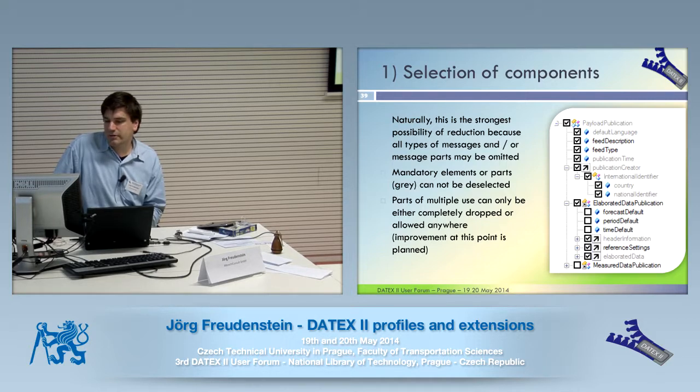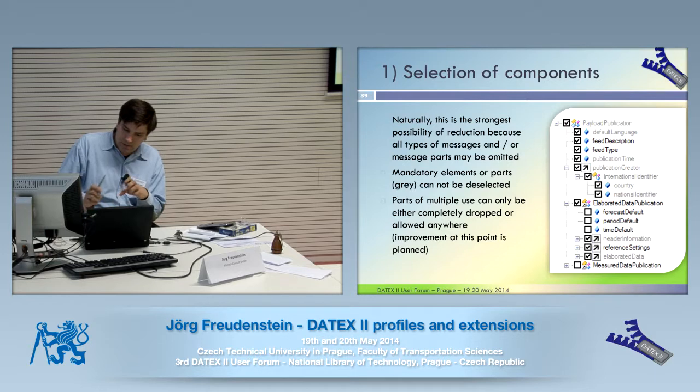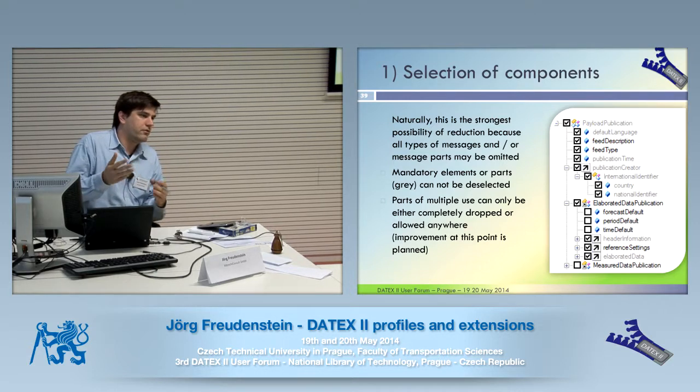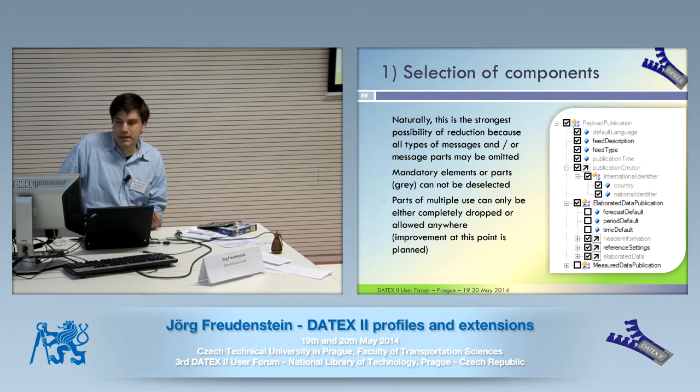And in this stage of the tool, you cannot deselect things if they appear several times. So maybe if you have several location references and in one location reference you like to use linear, and another you like to use points.